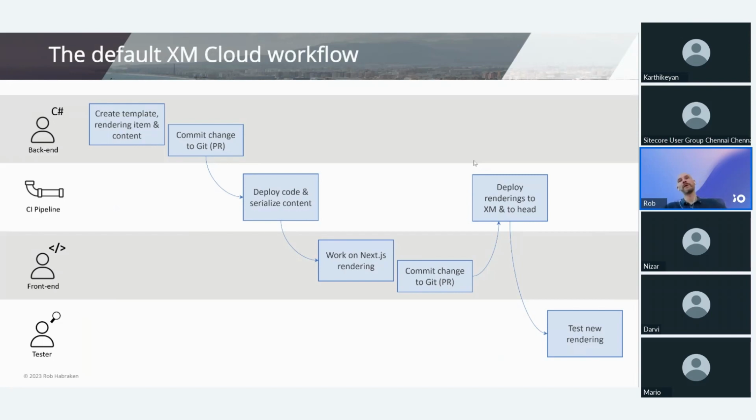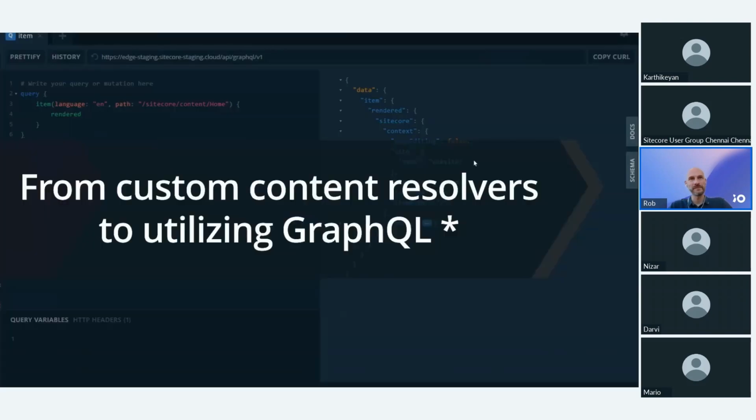And then you have your front-end developer that can start querying against XM Cloud, working on the renderings, and commit those changes and deploy again. And only then can you test your work. Depending on what you decide with the development modes, this is also going to change or be influenced. That's a good thing to have a look at.